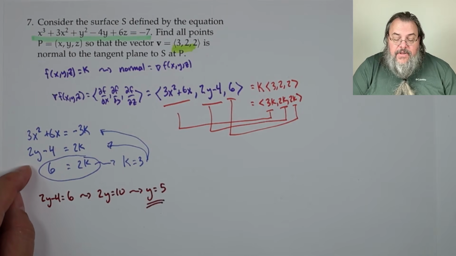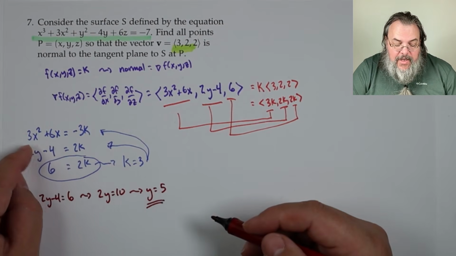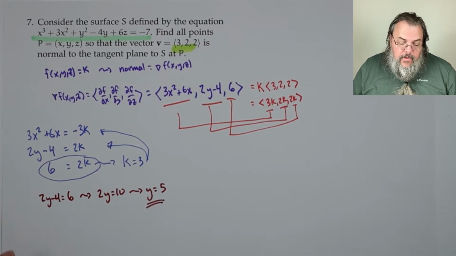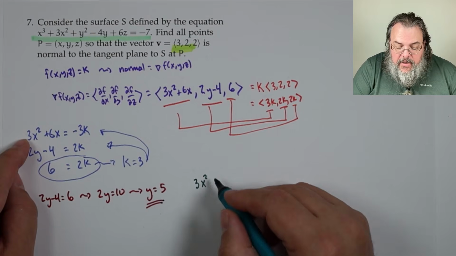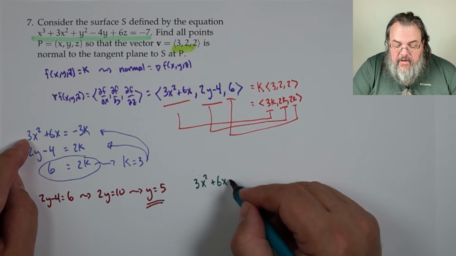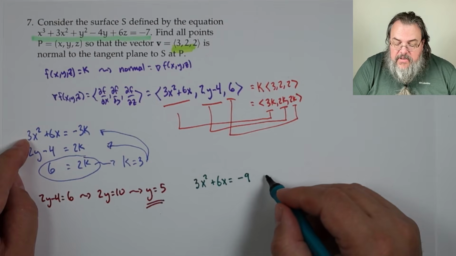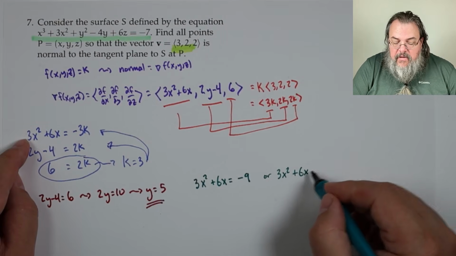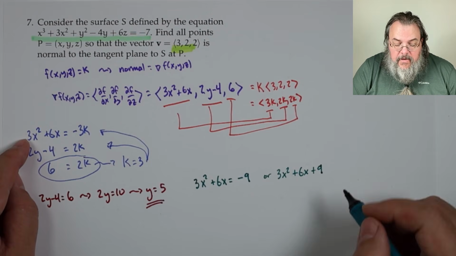Now let's go to our first equation and plug in k equals 3. It gives us 3x squared plus 6x equals 9.